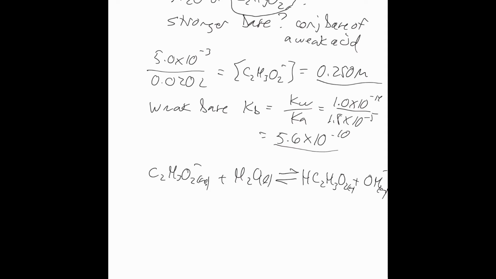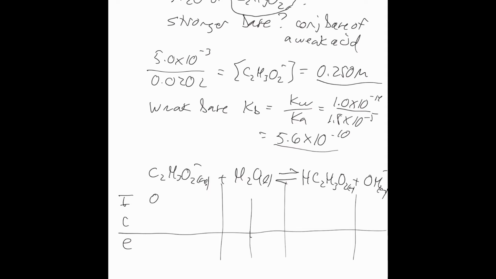Now let's set up our ice table. So we would put our columns in here. Our initial concentration, now H2O we're going to get rid of. Our initial concentration of acetate, after we've done our stoichiometry, is 0.250.